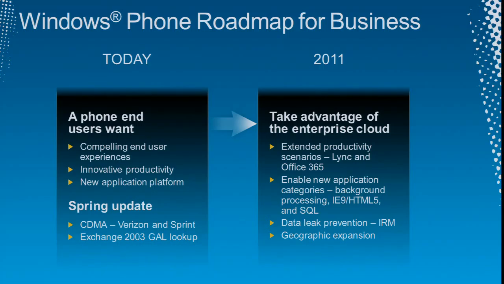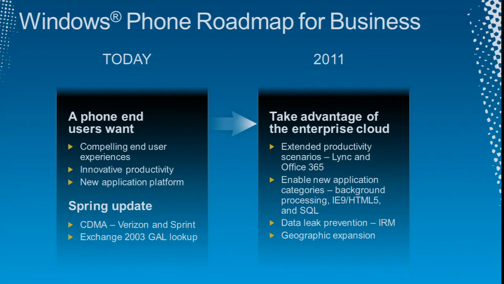It allows you to open documents and round-trip them to your desktop with full fidelity. We have just released the spring update with Verizon and Sprint. Verizon coming soon, and Sprint already in marketplace. You're probably well aware of our other carriers that are currently live. We have AT&T, T-Mobile, and Sprint that are currently live, and Verizon coming soon.